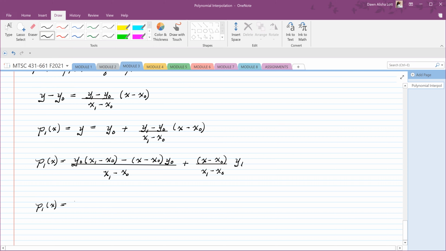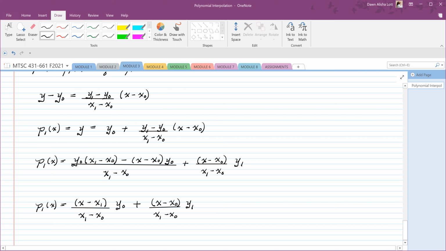So now I'm going to get x minus x1 divided by x1 minus x naught, and this value is times y naught. Then I'm going to add to that x minus x naught divided by x1 minus x naught, and this is multiplied by y1.